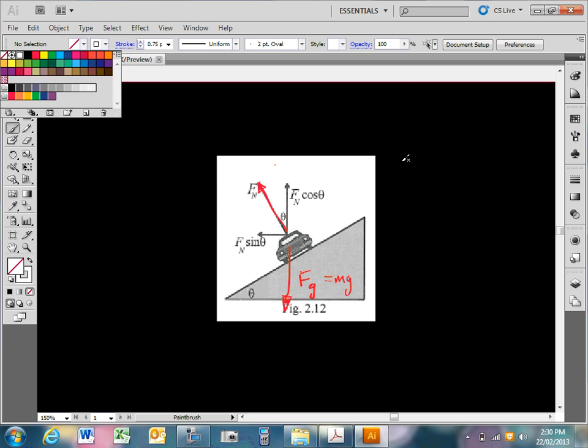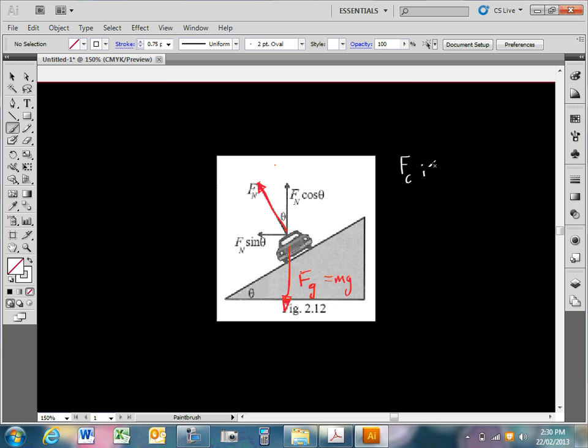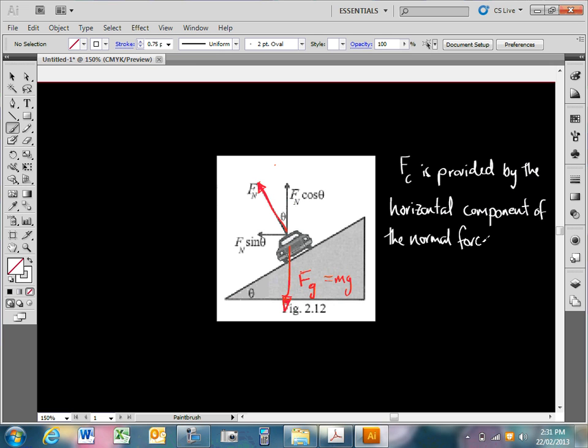So Fc, centripetal force, is provided by the horizontal component of the normal force.